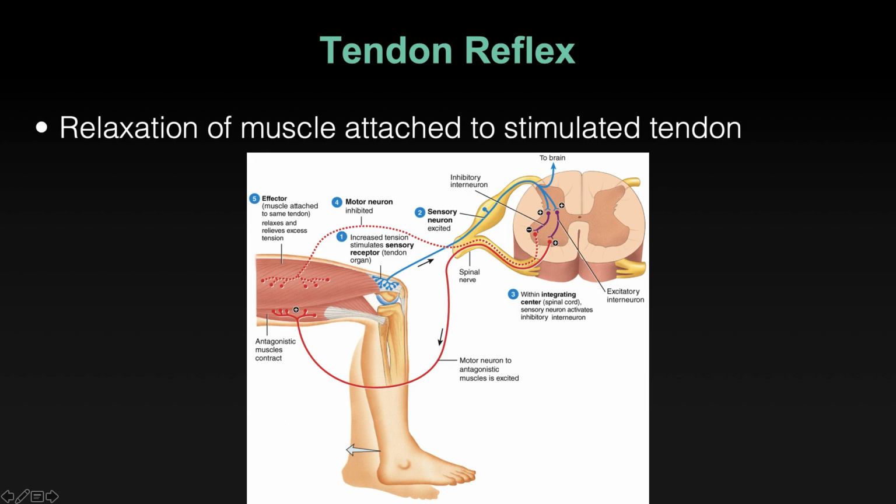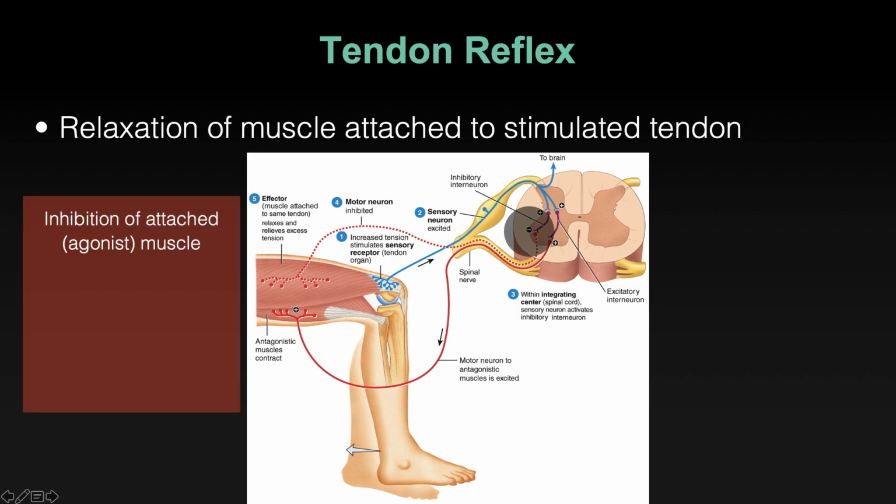So the tendon reflex. If there is tension within a tendon, what happens? Tension within the muscle. In this example, I'm trying to flex my knee. By flexing my knee, I'm stretching the quadriceps. There's tension in the tendon attached to my quadriceps or my knee extensors. And so now that there's tension, what happens?